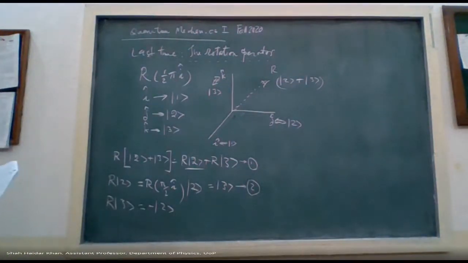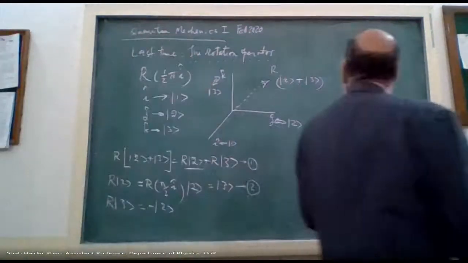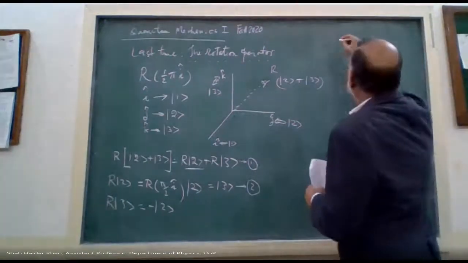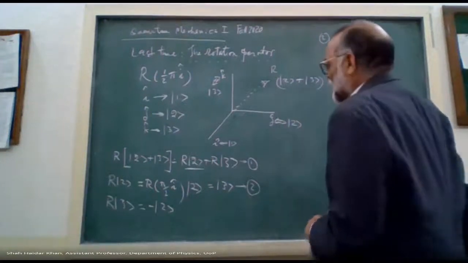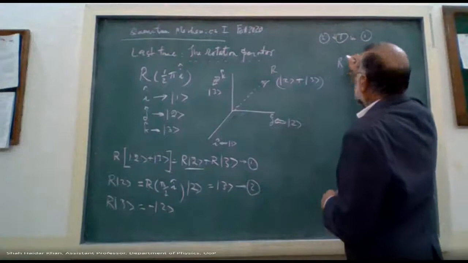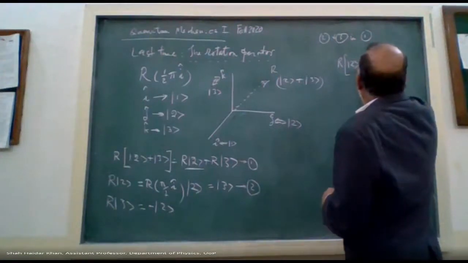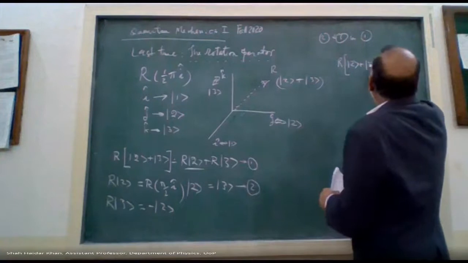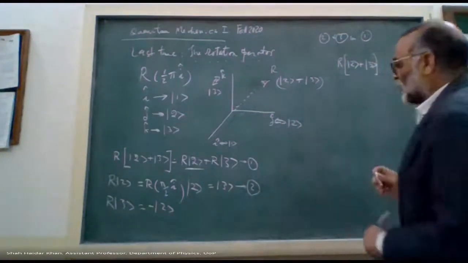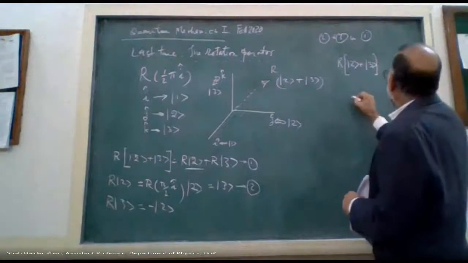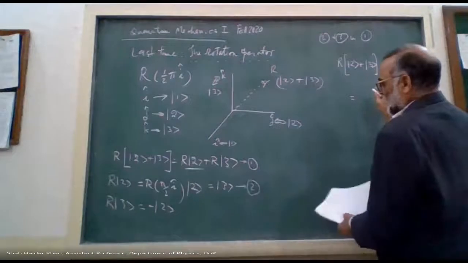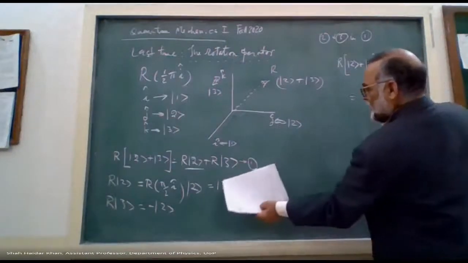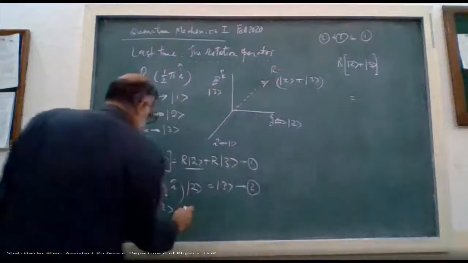So we see that when we put this k2 and k3 in equation 1, R of k2 plus k3, this operator, is equal to, look, k2 and k3, sorry.